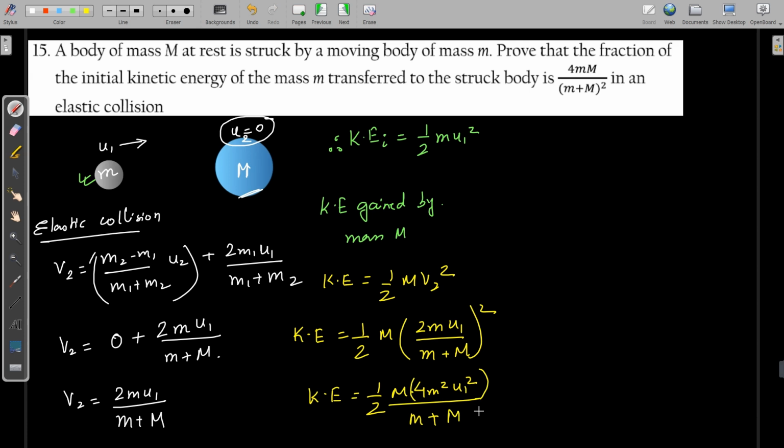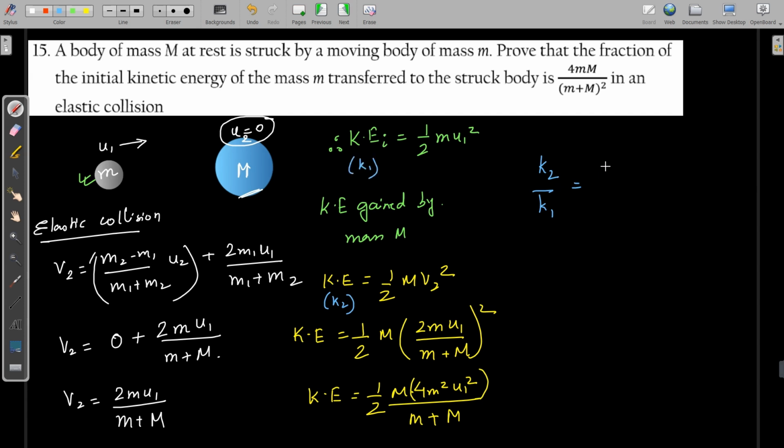Is it clear? Now the question is, prove the fraction of initial kinetic energy of mass m transferred to the struck body. So out of how much is being transferred, right? If I try to find the fraction of initial kinetic energy, how can I find it? That is the kinetic energy of body 2 by the kinetic energy of body 1.